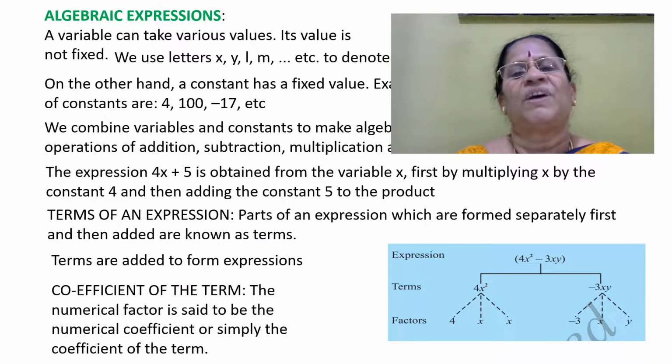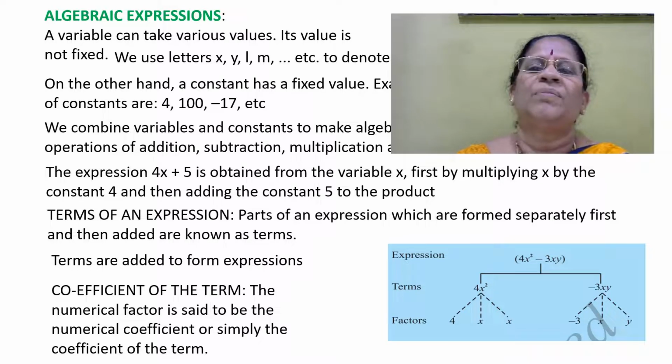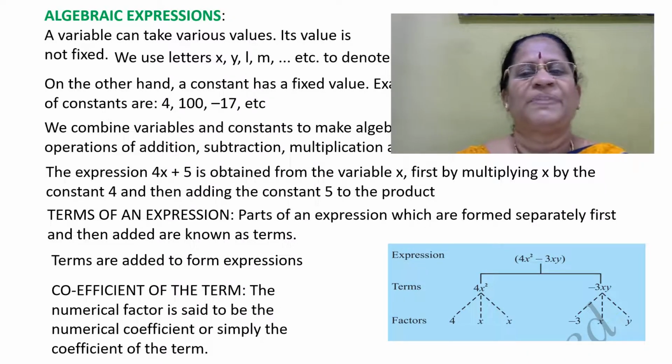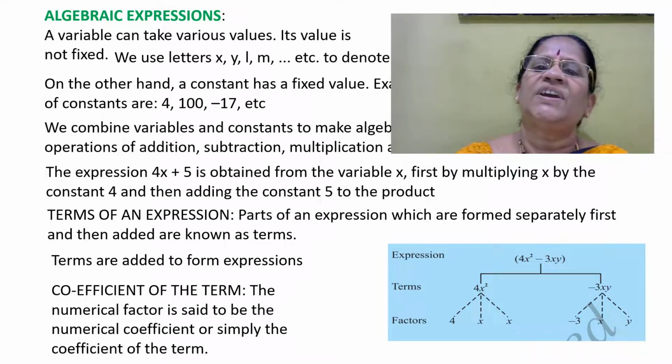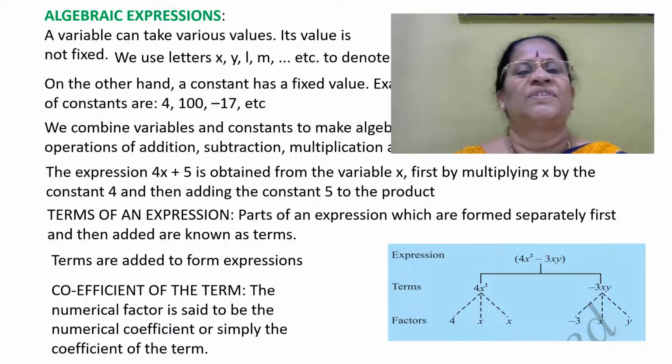You can use x, y, z, l, m, n, p, q, a, b, c, d, r, s, whatever you want. And on the other hand, we have the constant which has a fixed value. If you write any number, that becomes a constant. If we combine the variables and the constants, then we get algebraic expressions.